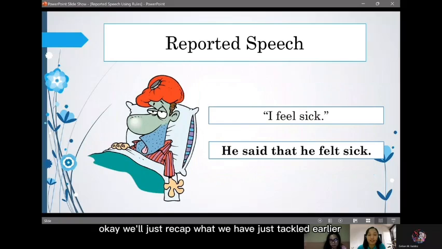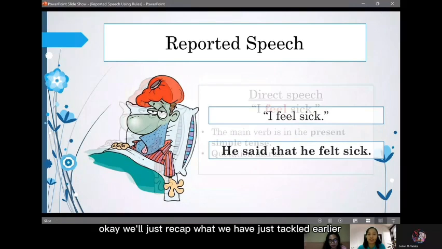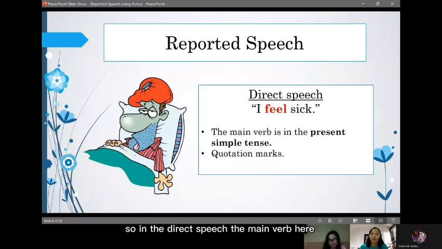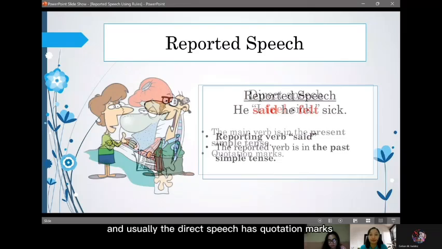Okay. We'll just recap what we have just tackled earlier. So in the direct speech, the main verb here, to feel, is in the present simple tense, and usually the direct speech has quotation marks.